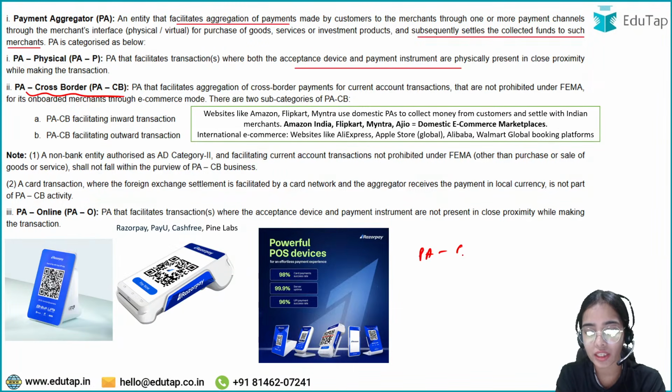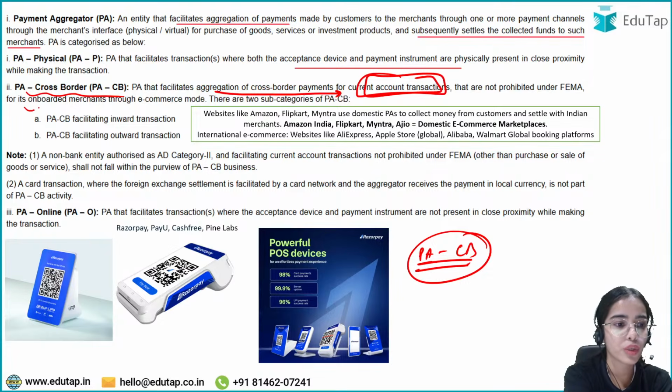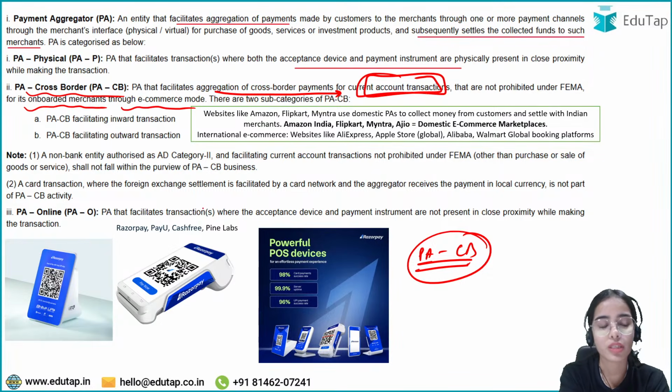So payment aggregator cross-border, it basically facilitates the aggregation of cross-border payments for the trade in goods, trade in services for its onboarded merchants through e-commerce mode. So websites like Amazon, Flipkart, Myntra use domestic payment aggregators because Amazon India, Flipkart India, so they have established themselves in India. They have the warehouses in India.